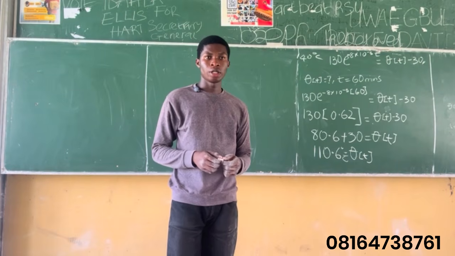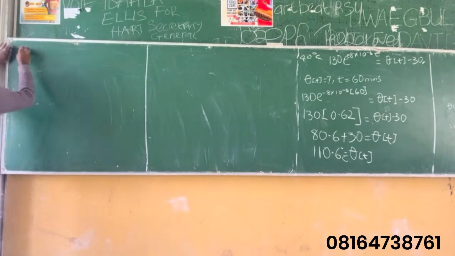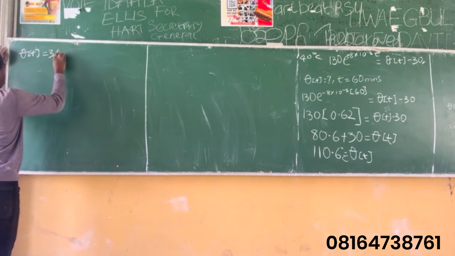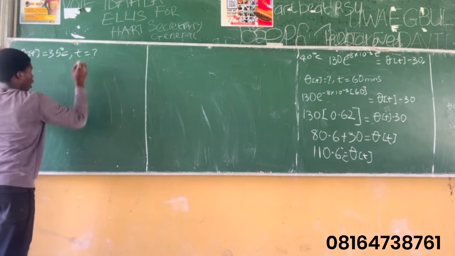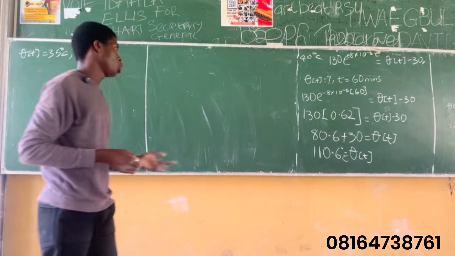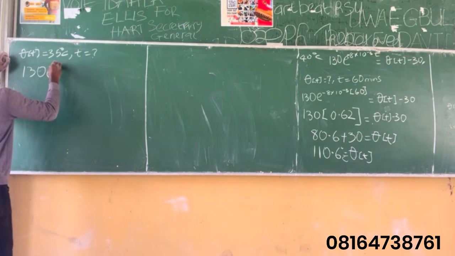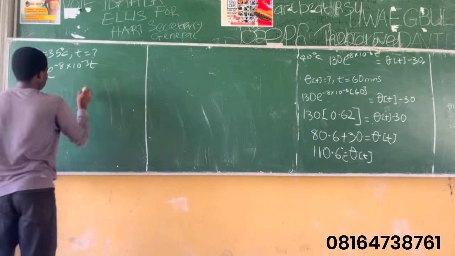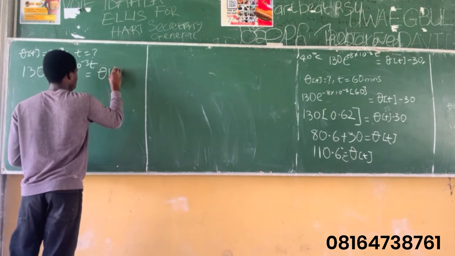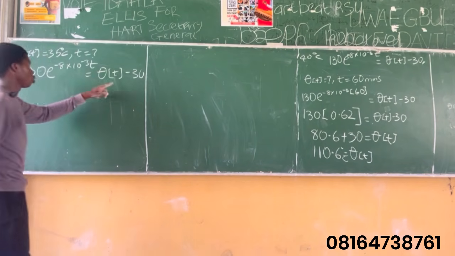For question 3, they asked, when will the temperature fall to 35 degrees? So they gave us theta equal to 35 degrees Celsius, and they are asking us for the time. We don't know the time. So using our model equation, which is 130 e^(-8 times 10^-3 t) is equal to theta t minus 30, we'll plug in 35 into this equation.